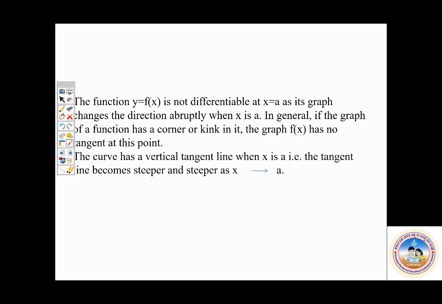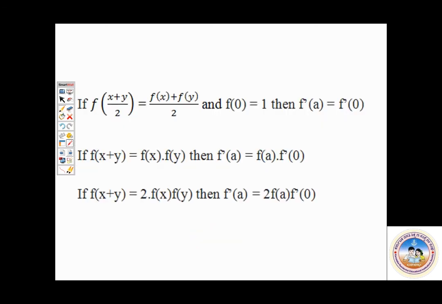And finally, remember, these are the time saving results for doing the problems. ಏನಂದ್ರೆ ಈ ಕಂಡೀಷನ್ ಕೊಟ್ಟಿದ್ರೆ ಪ್ರಾಬ್ಲಮ್ ಅಲ್ಲಿ, ಅವಾಗ ಜೊತೆಗೆ ಇವೆರಡೂ ಕೊಟ್ಟೇ ಇರ್ತಾರೆ. f of 0 is 1 ಕೊಟ್ಟಿದ್ರೆ, f dash of a, f dash of 0 both are equal. ಡೈರೆಕ್ಟ್ ಆಗಿ ಅವ್ನು ಕೇಳೋದು ಇದನ್ನೇ, f dash of a ಕೇಳ್ತಾರೆ.